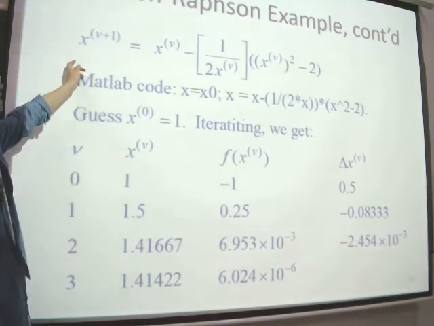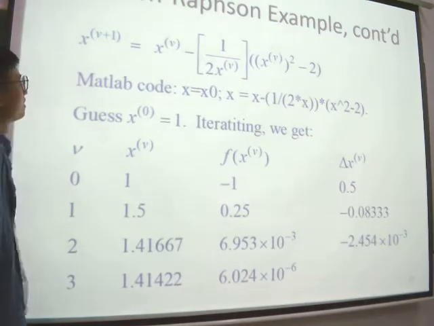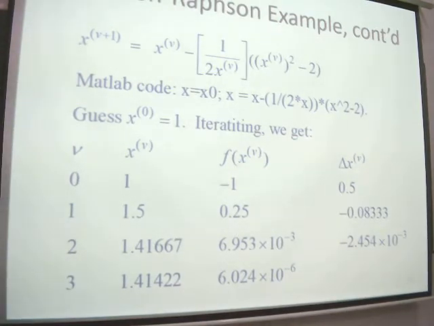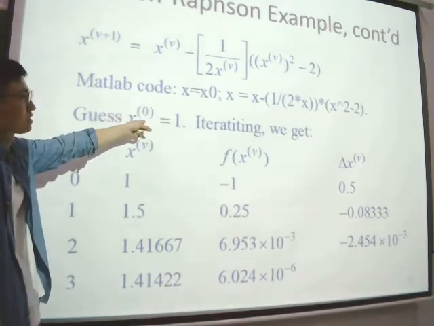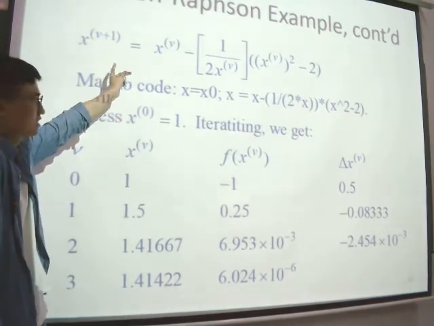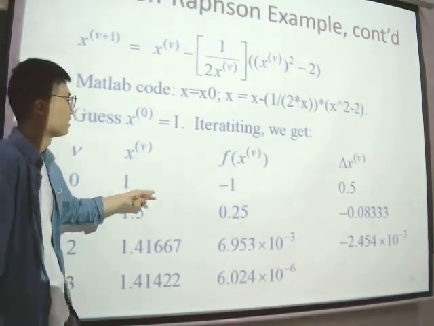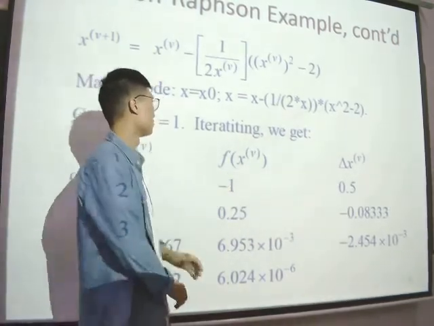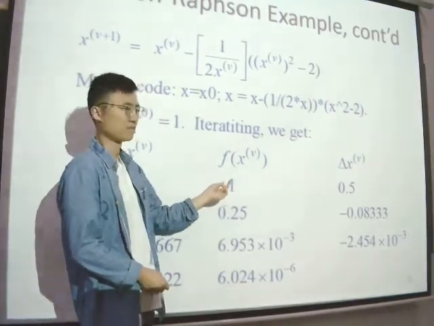So actually here is the equation. If we guess x is 1, the answer of this function: the first step, f(x) will be 1 squared, which is still 1, and 1 minus 2 is negative 1.